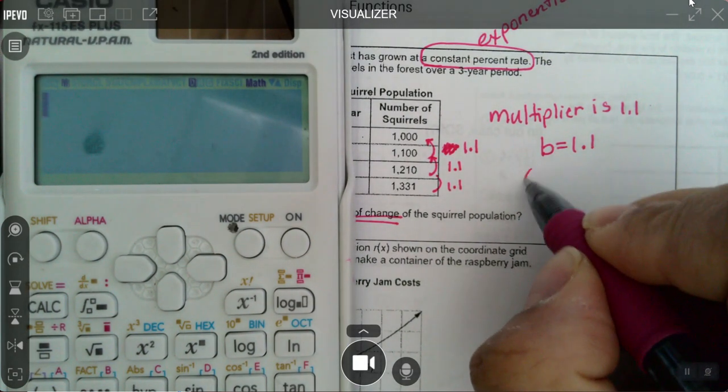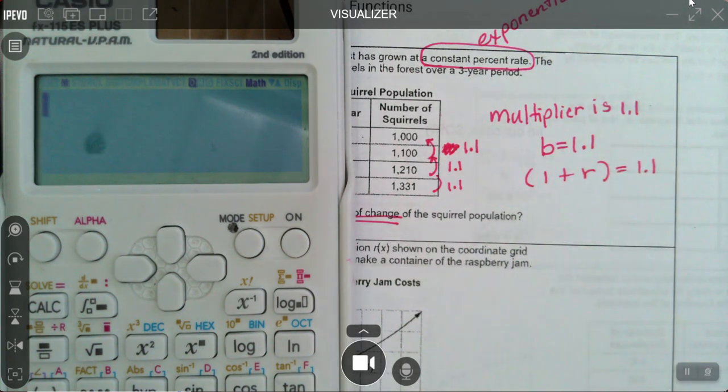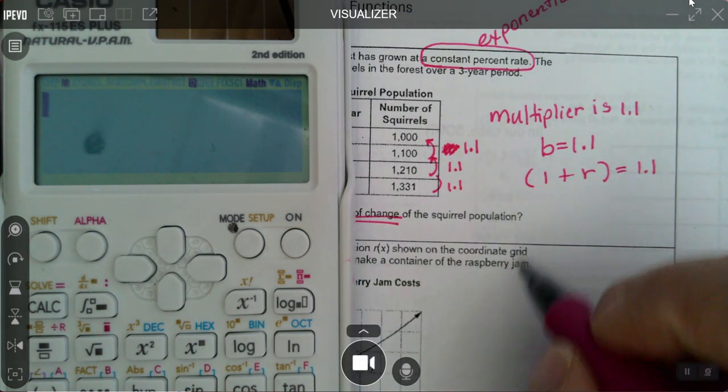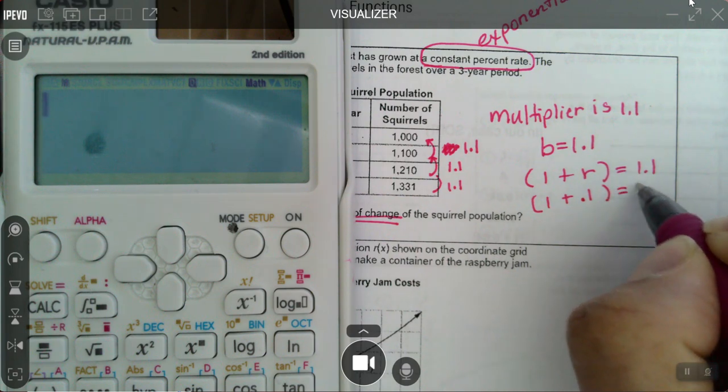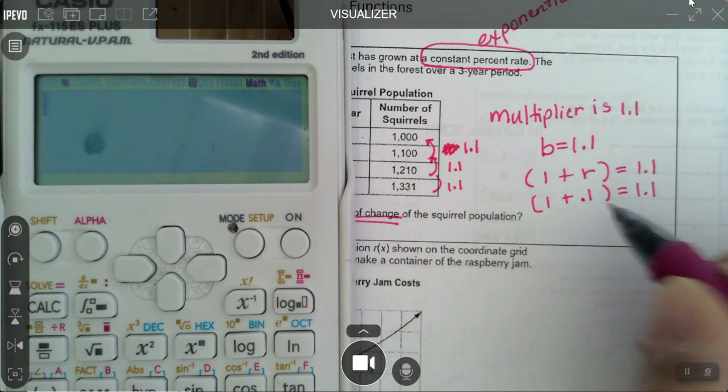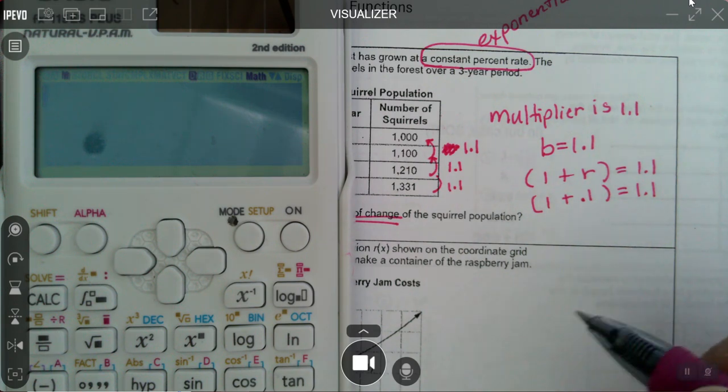Growth. So that means that 1 plus R is equal to 1.1. Clear? So that means that R is equal to 0.1. Clear? Because 1 plus 0.1 gives you 1.1.